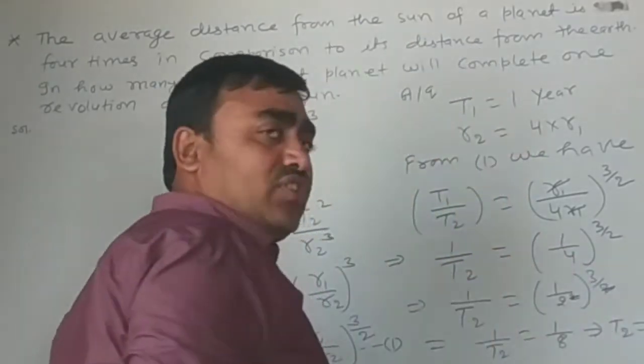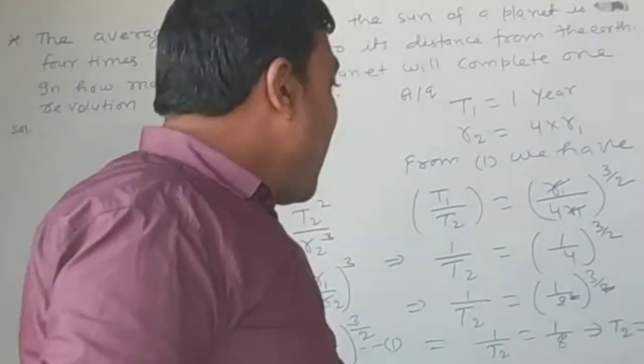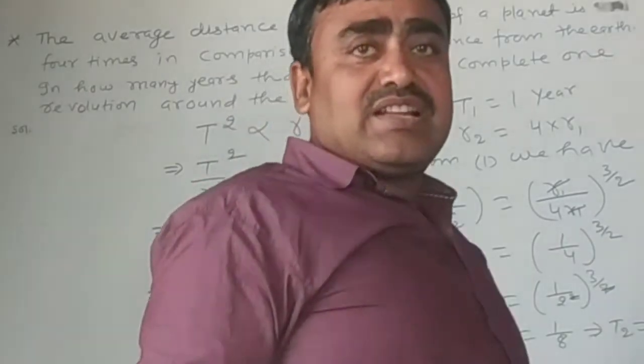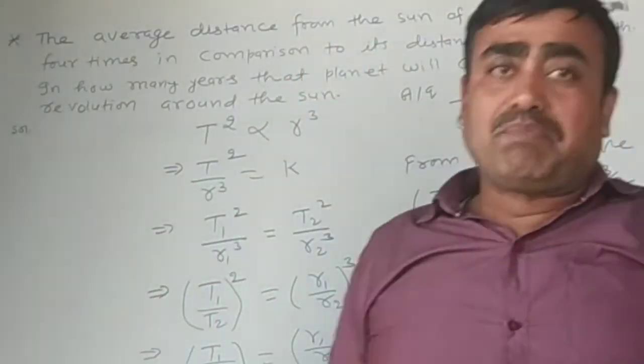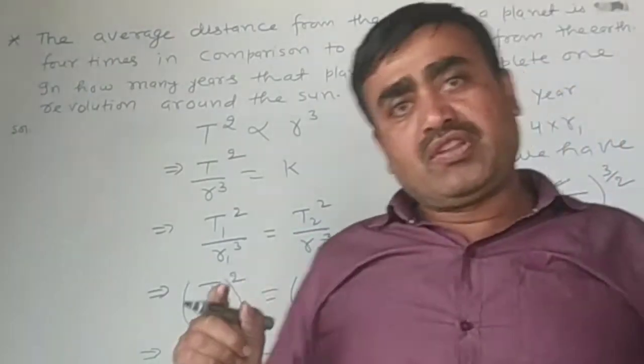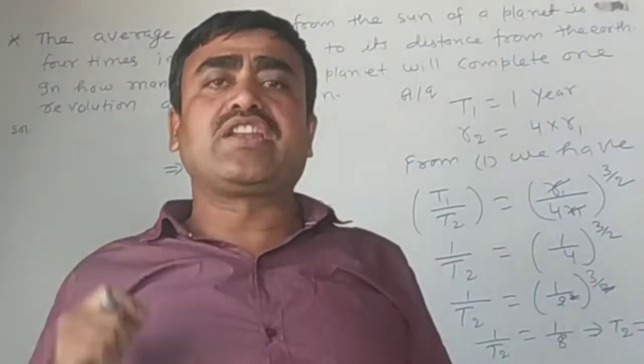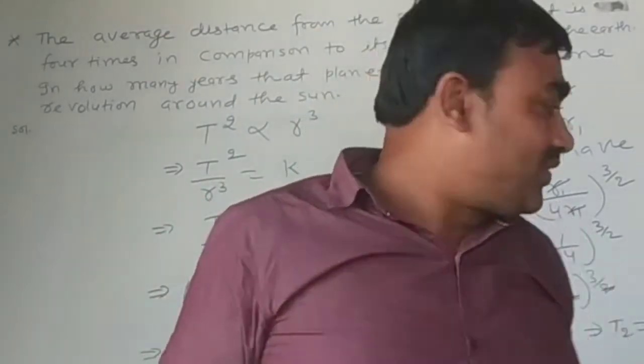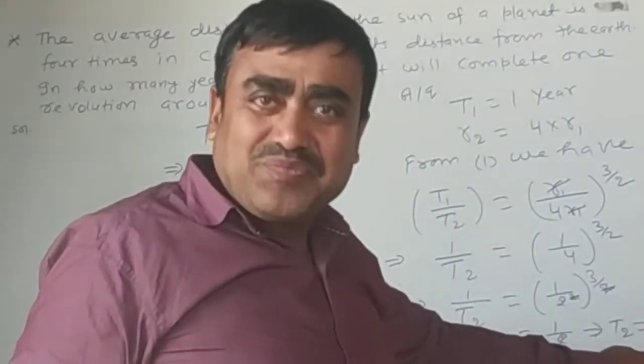Hence the time taken by the planet to complete one revolution is 8 years. This is our answer.